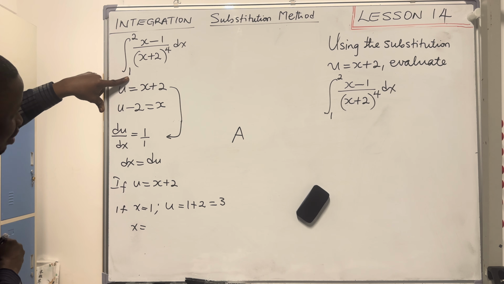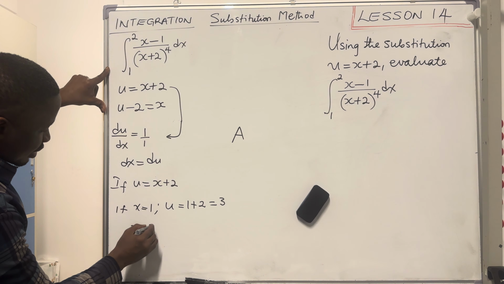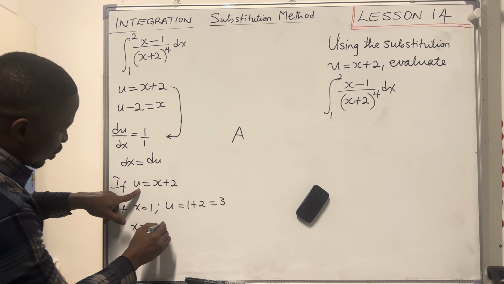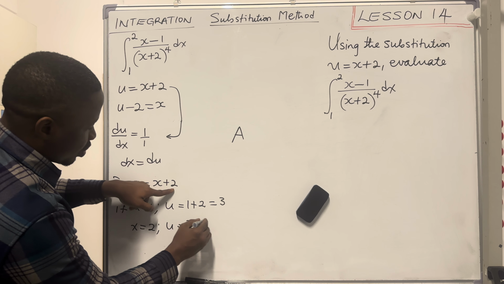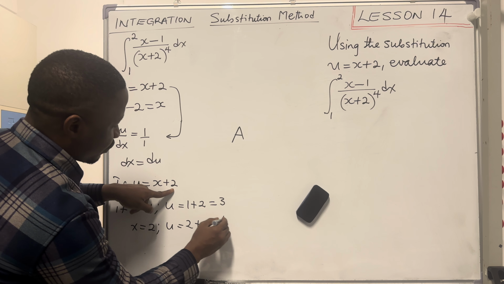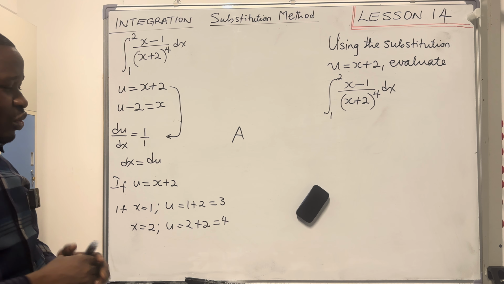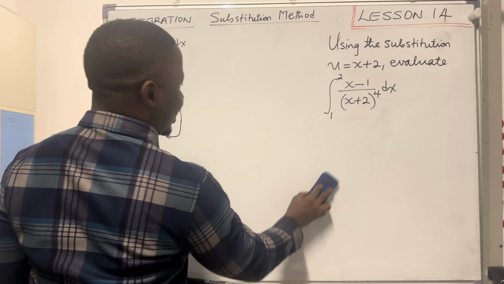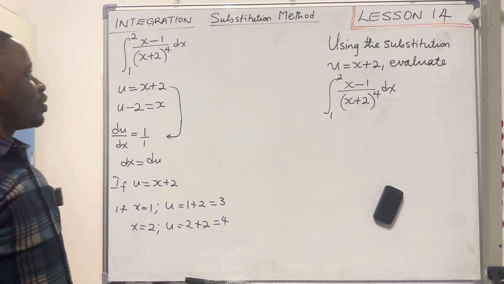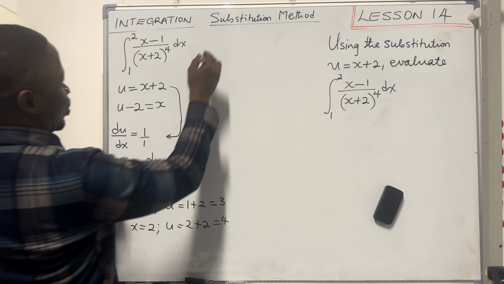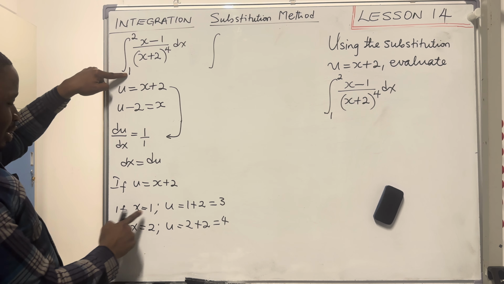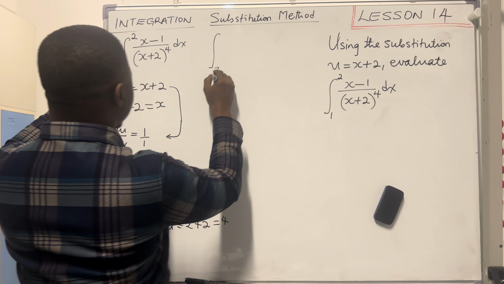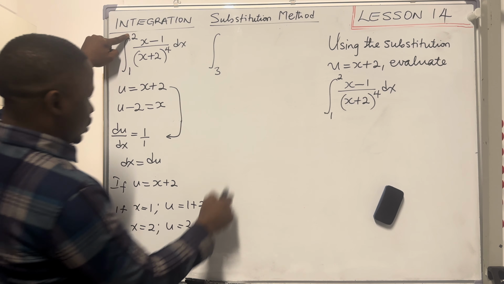If x is equal to 2, we have u is equal to x, what is x? 2 plus 2, which is 4. So we've done everything that is there to be done. Now our new integral is like this. 1 gives us 3, 2 gives us 4.